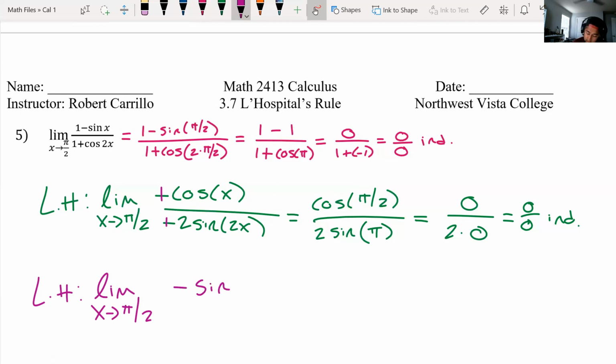Negative sine x over the derivative of 2 sine 2x, which is 4 cosine 2x. Good. Plug in pi over 2.